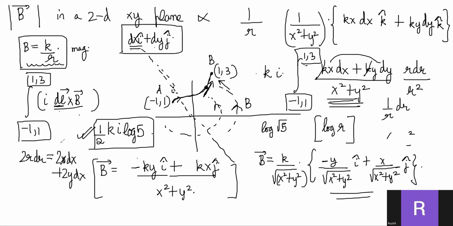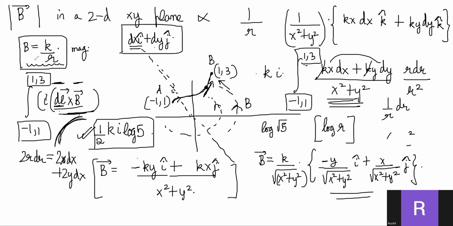Did you write this expression? Did you write the formula at least? Yes, sir. After that, what happened? I didn't think of splitting the field into components. How will you calculate dl cross B? There is no other way to calculate it. You have to write B as a two-dimensional field somehow.